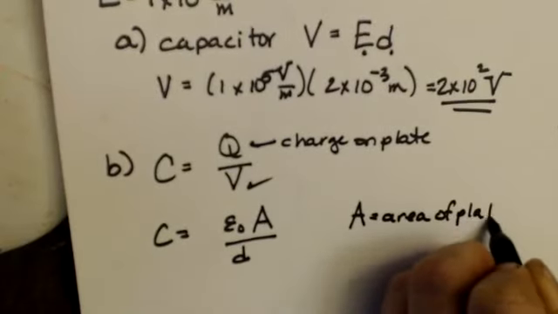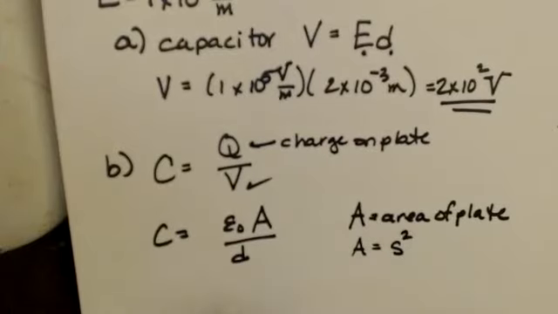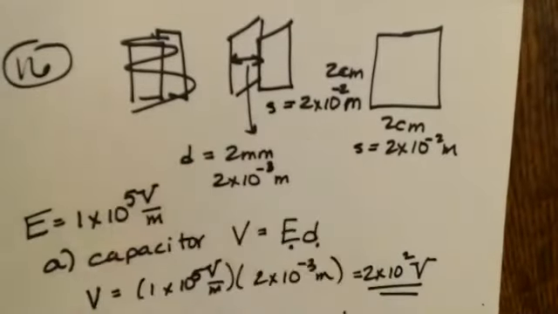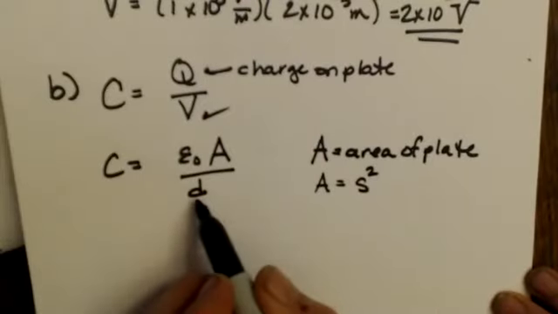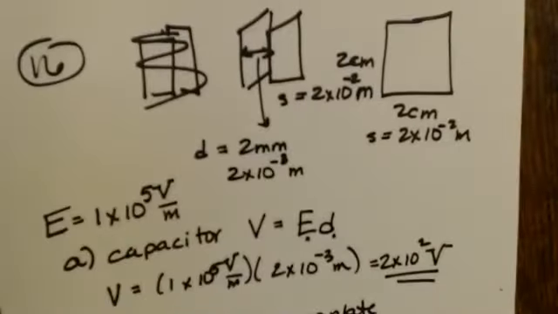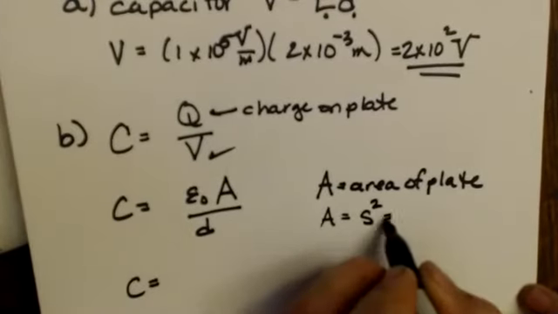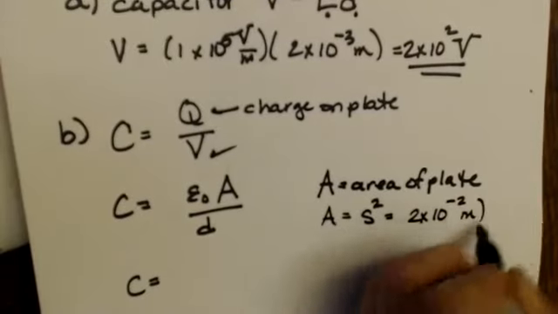In this case, that's pretty easy because it's a square, so it's just the length of a side squared. Remember, they told us that. And I know the spacing, they told me that also. So I can very quickly solve for the capacitance of the capacitor.